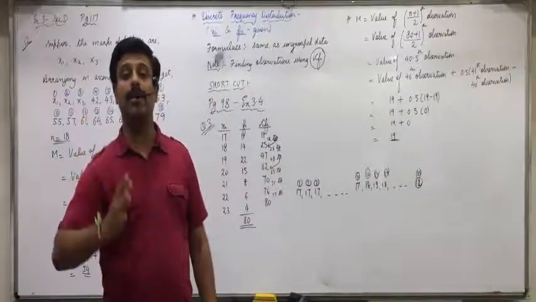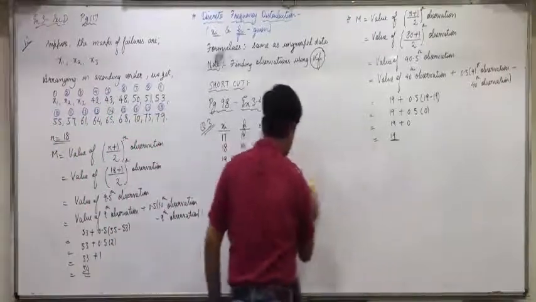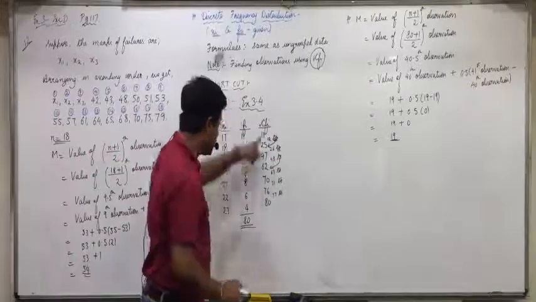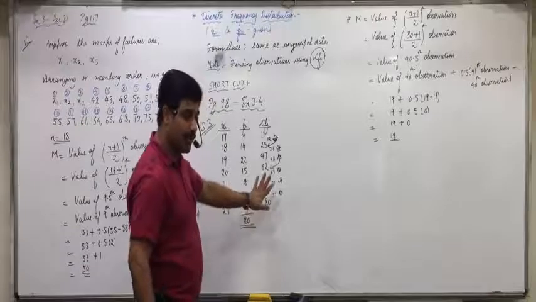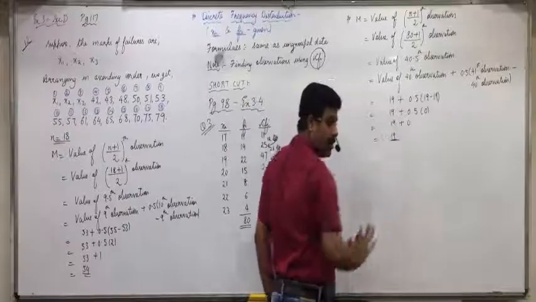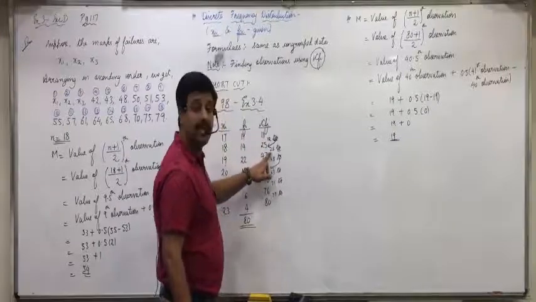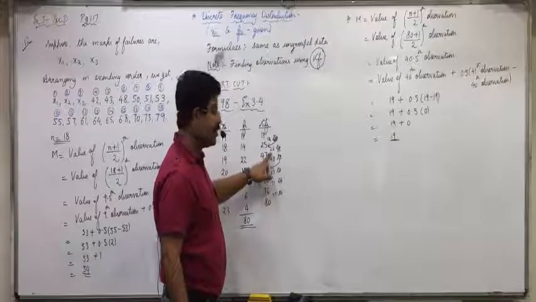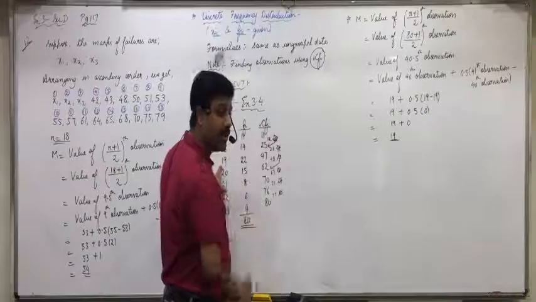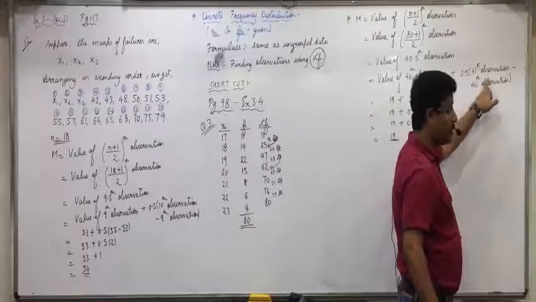This is the actual concept. Now, shortcut. Anyone who did not understand the actual concept? This is clear? Sure? Otherwise, I'll explain this first. The 40th observation will be between 26 to 47. 26 to 47 all are 19. So the 40th observation will be 19 plus 0.5 in bracket.